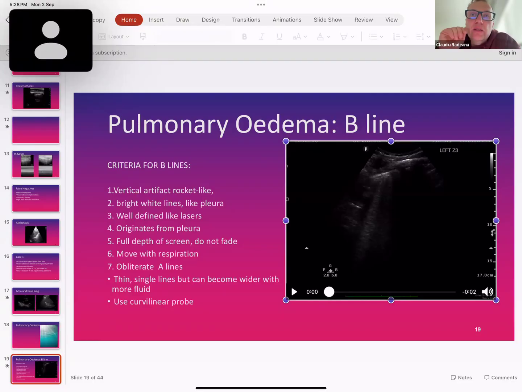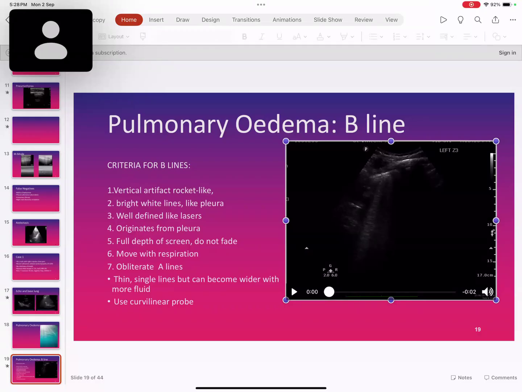You might, but the depth is not big with a flat one, with a soft tissue probe. My recommendation is to use the curvilinear one, the abdominal probe.